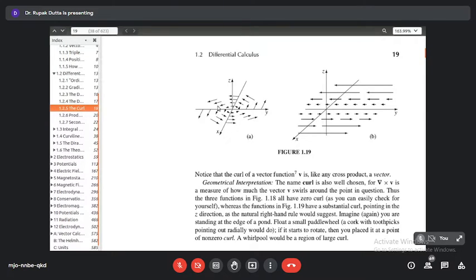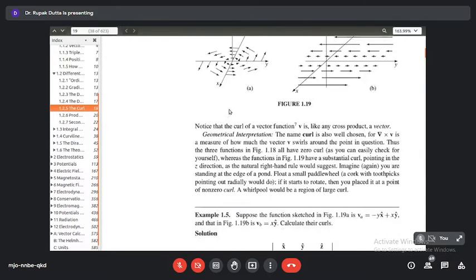So if you have to find a vector for this particular plot, how do you find out the vector in this case? What is the vector? Vector is actually given by this one, minus y x cap plus x y cap. If you draw this vector in this x, y, z, there is no z direction in this case. So it is basically lying on the XY plane and it will look something like this.